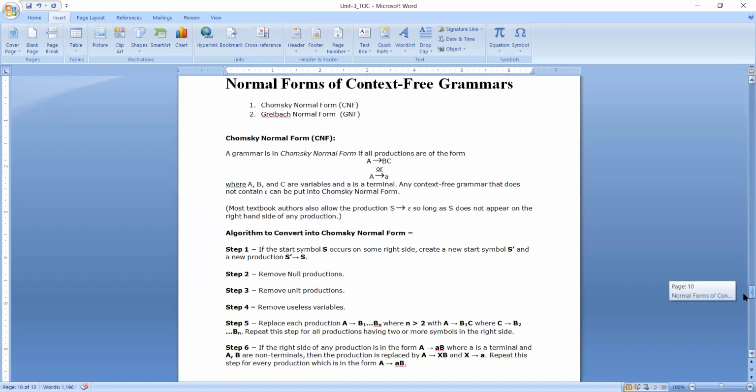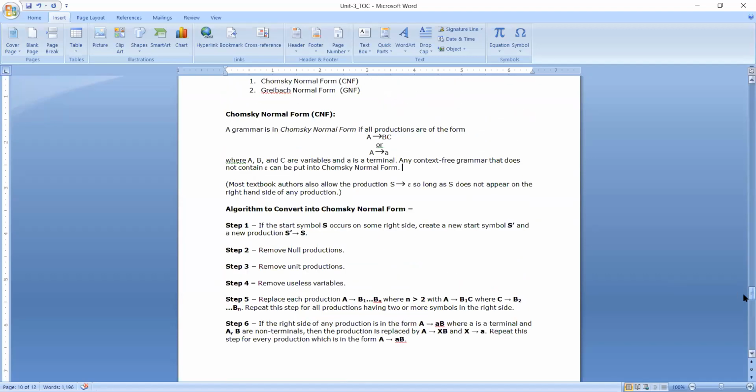Okay. And please remember that epsilon is not going to be part of either CNF or GNF. Please remember that epsilon should not belong to either CNF or GNF.